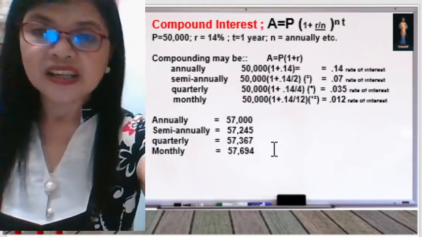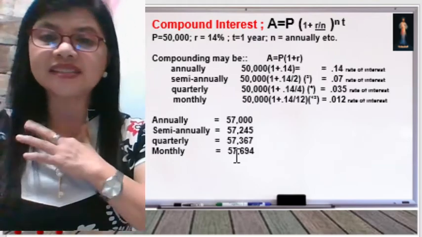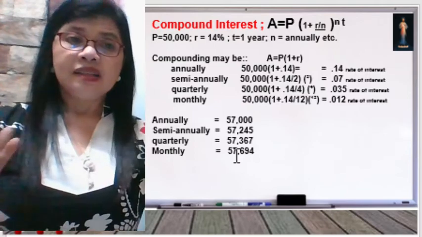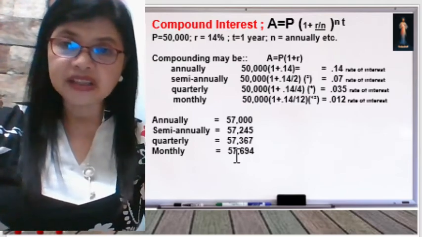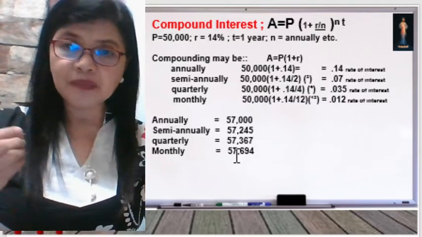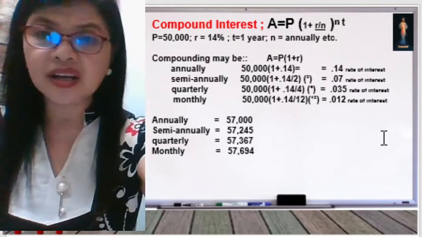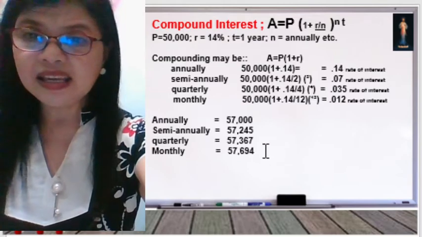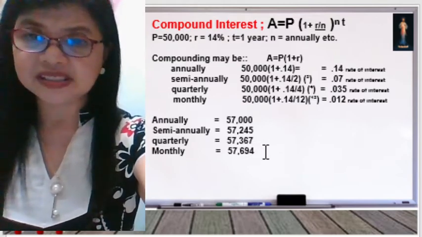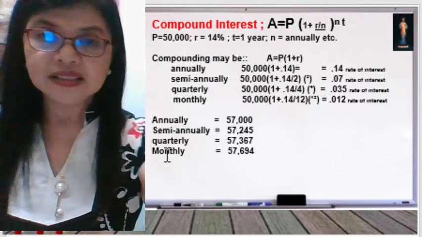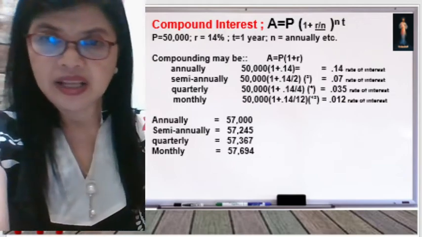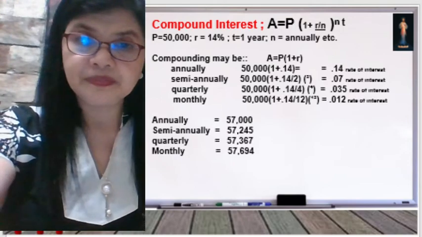So in this case, what do you think is the best way to compound it: annually, semi-annually, quarterly, or monthly? Yes, it is correct. It gives you the highest return in the monthly compounded interest rate, 57,694. Now let's go to the next slide.